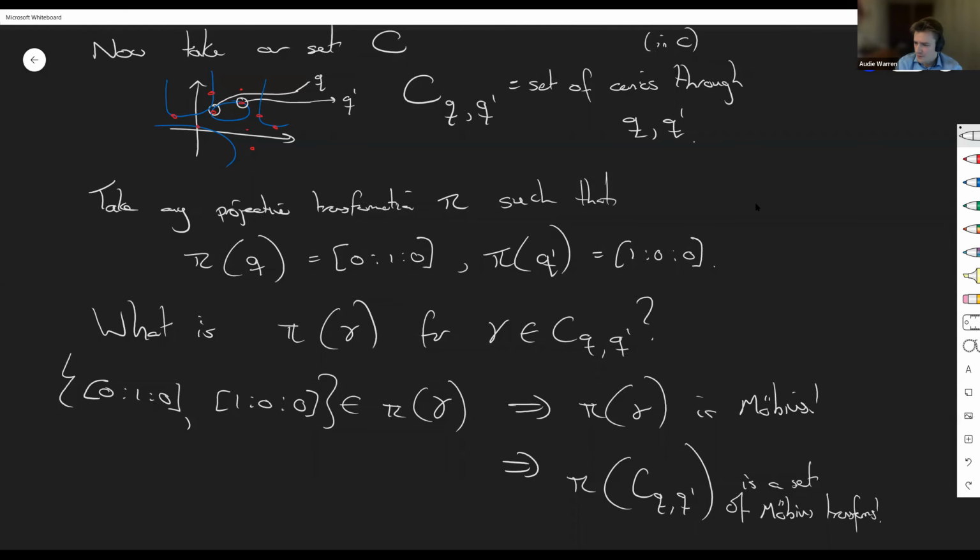And so if we were to think, okay, we're going to reduce these to conics, we would suddenly have to fix 4 points in the plane and send them to something. However, we can't really do this because projective transformations act 3 transitively. We can only really think about 3 points maximum.